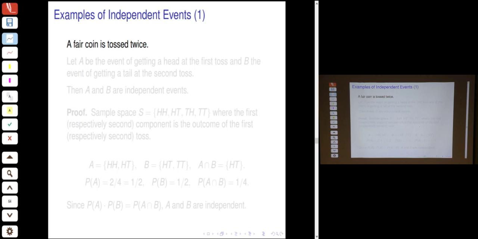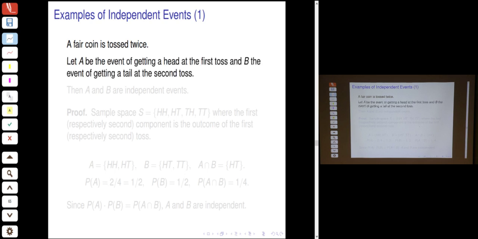Now, examples. Suppose we toss a coin twice. Now we look at two events and determine whether they are dependent or independent. Let A be the event of getting a head on the first toss. We toss a coin twice, and the event A is that in the first toss, we get a head.